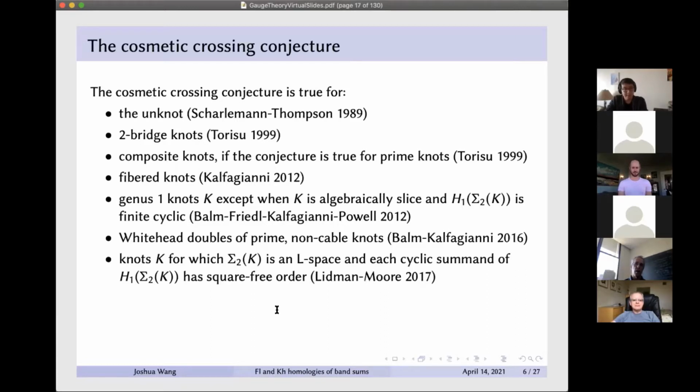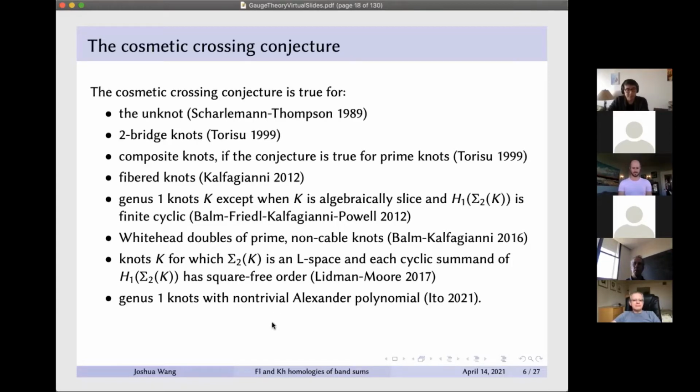And Floer homology's even been used to approach this problem, and it's known for knots whose double branched cover is an L-space with an additional condition on the first homology group. And then most recently, just a month or two ago, it was shown for all genus 1 knots whose Alexander polynomial is not 1. And in particular, the conjecture is true for all prime knots with crossing number at most 9.